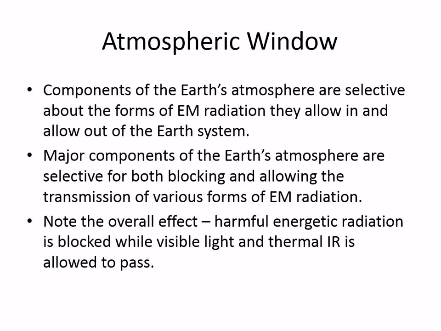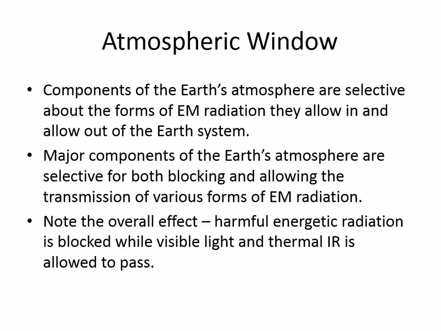The next figure we're going to see breaks down by gas in the atmosphere how it interacts with radiation coming from the sun. Just like you have a window wide open for fresh air to come in, or closed because it's cold outside, we say the Earth's atmosphere is open to visible light from the sun.